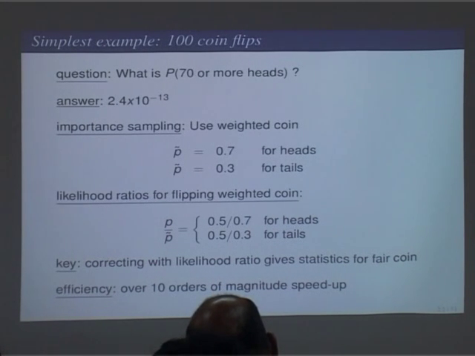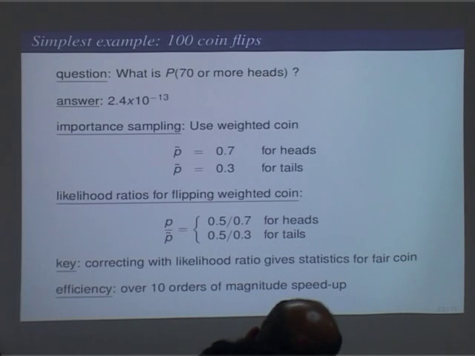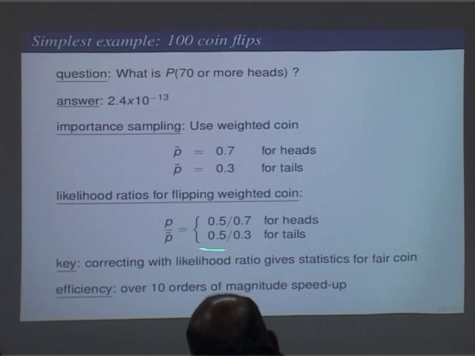Now, instead of tallying ones, whether my objective of getting 70 or more happened or not, I'm tallying likelihood ratios, right? Because I have to account for the fact that I'm using this biased coin, and the way I do this is take the probability of the fair coin over the probability of the biased coin for the event that happened, right? And you do a simulation like this, and it's 10 orders of magnitude better.